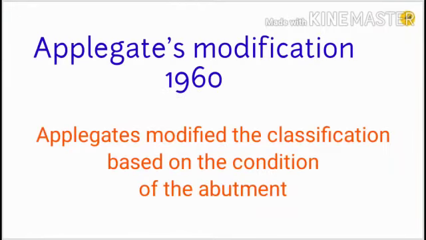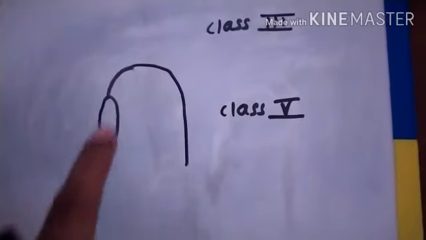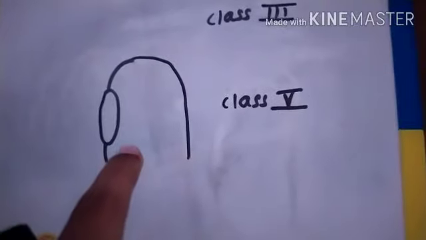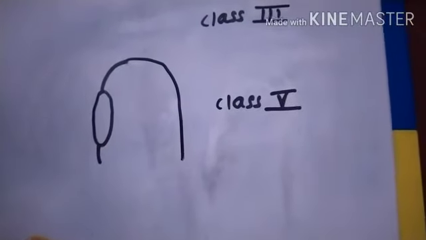Applegate modified the Kennedy's classification based on the condition of the abutment, which was proposed in the year 1960 in the name of Applegate's modification. According to Kennedy's classification, this type of situation is called class 3, as there is a single edentulous space and remaining teeth are present both anterior and posterior to it.